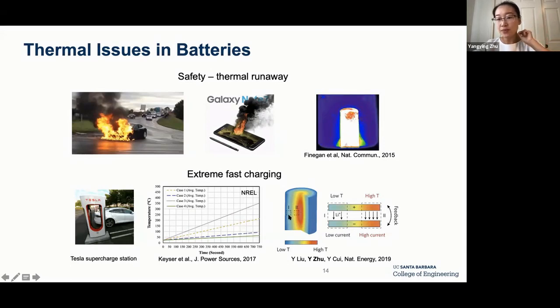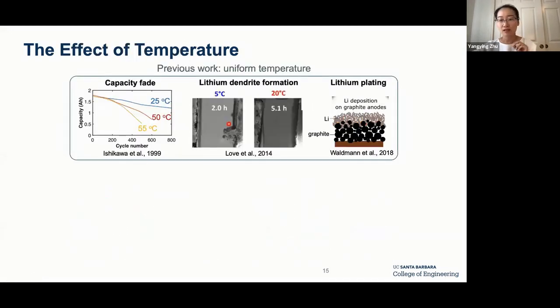So you can build up a temperature gradient inside a battery, and that's important because electrochemical reactions are very sensitive to temperature. You can have very high temperature, which causes very high current, and in the low temperature region you have low current. That causes a heterogeneity of charge and discharge within batteries, and that's also not good. So these are the motivations for us to really understand how temperature impacts batteries.